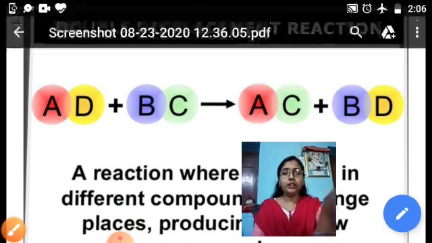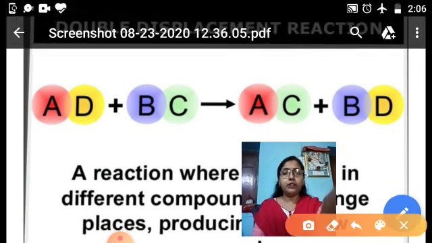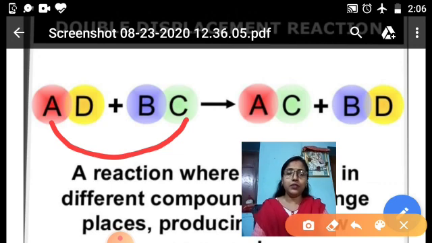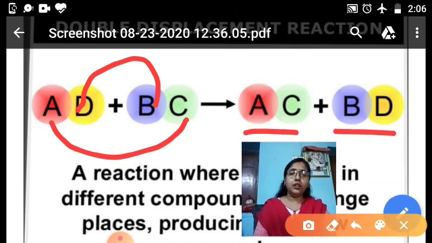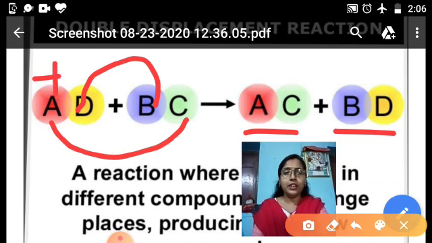So here what will happen? Exchange of A and C will take place and D will combine with B, forming AC and BD. Not only do the elements exchange with each other, but also the ions. A will be the positive ion, B will be the positive ion, and D will be the negative, and C will be the negative.